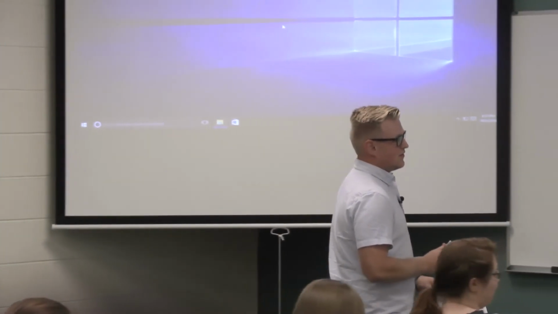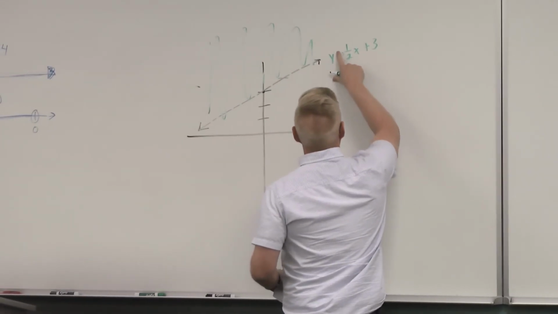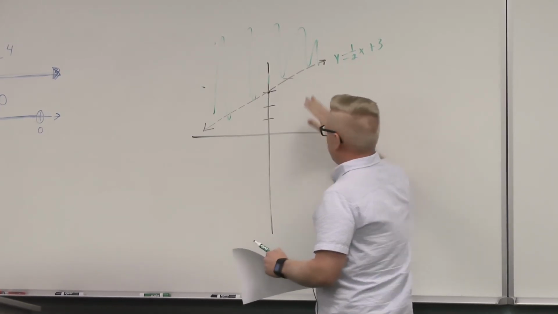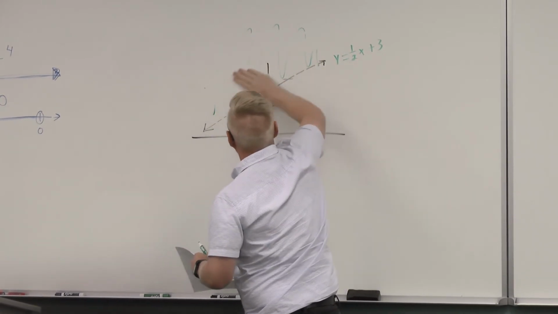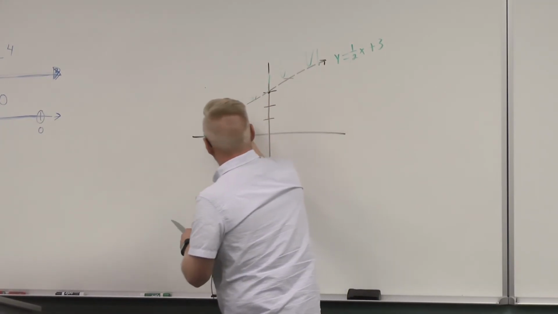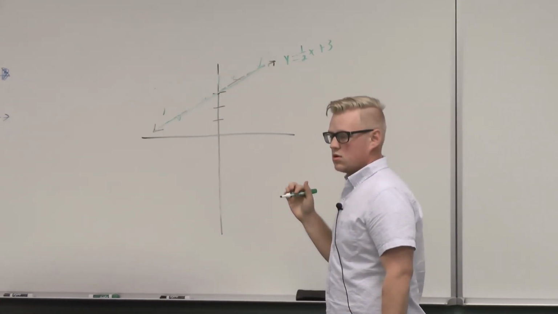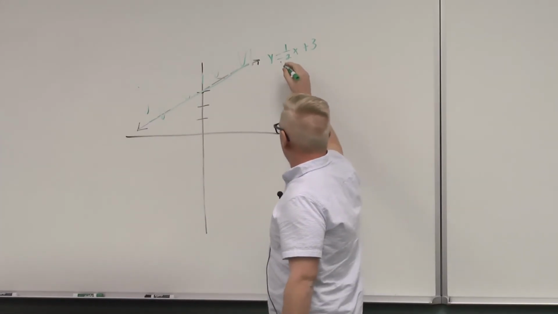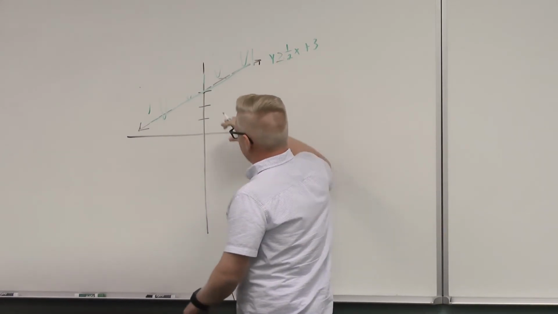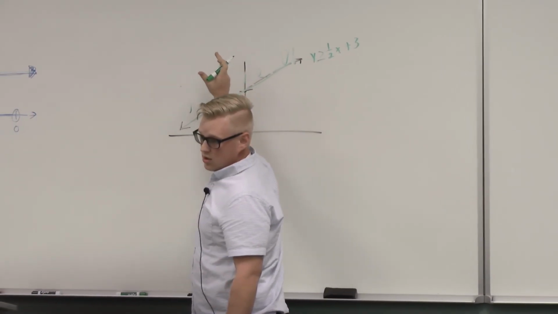Okay, so there's a difference, and you can see it graphically. If it's just equal to, then all of this shaded in stuff gets erased, because we're just looking at this line right here. But if it's greater than or equal to, we're looking at all this stuff that's greater than that line as well as that line.